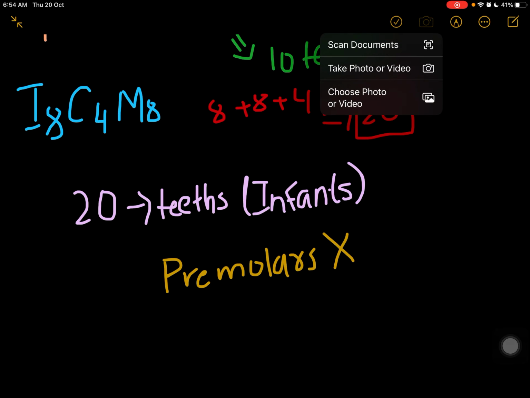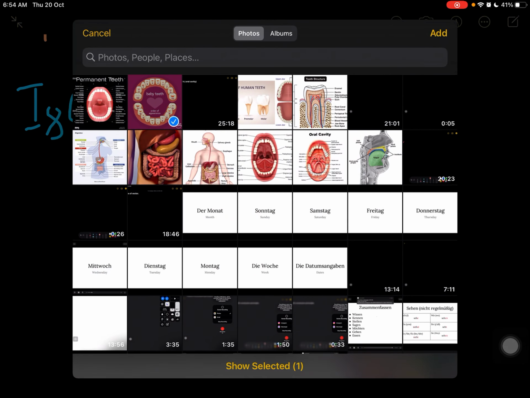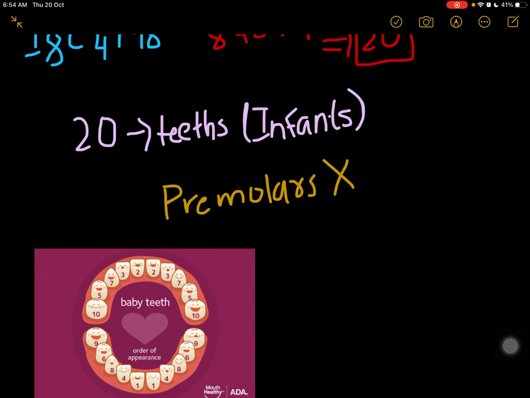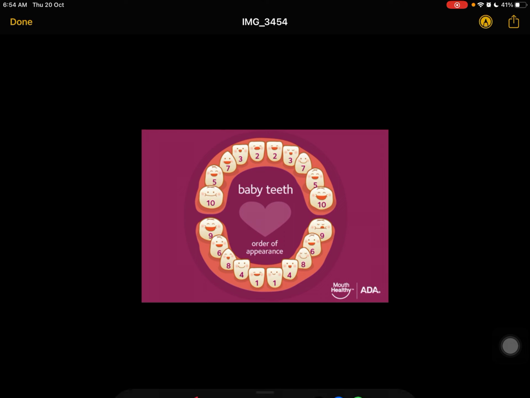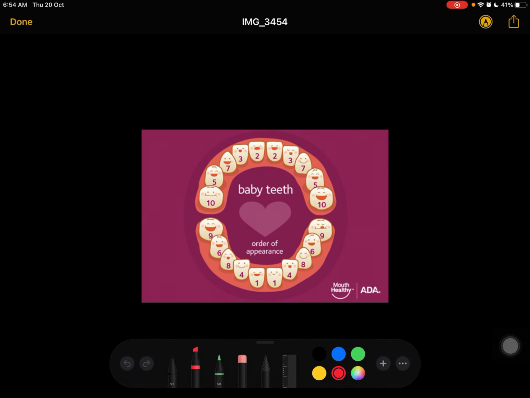Okay, let me show you the example of baby teeth. You can see over here how many teeth there are, and we can easily count: 1, 2, 3, 4, 5, 6, 7, 8, 9, 10.